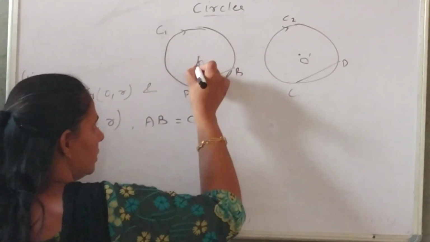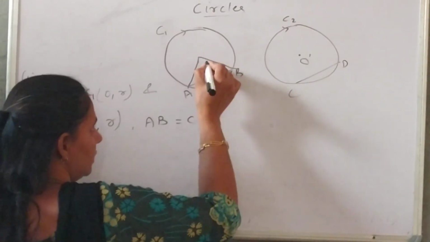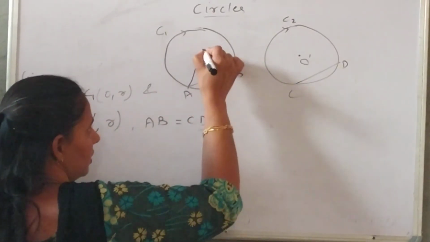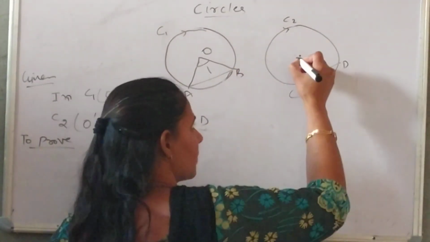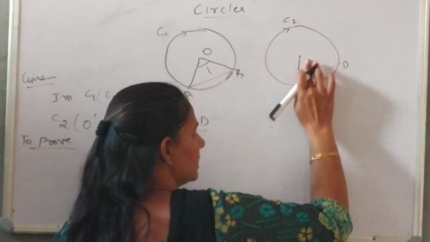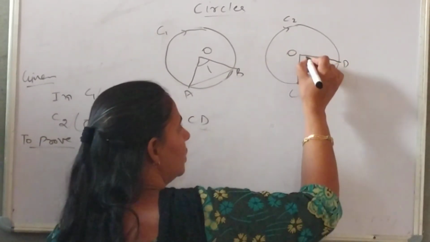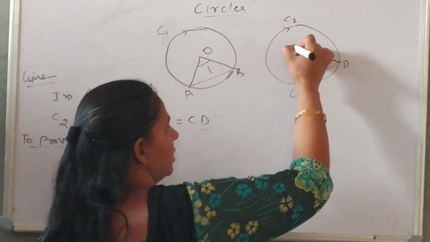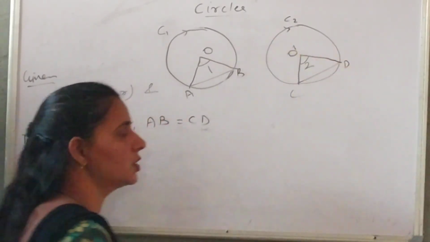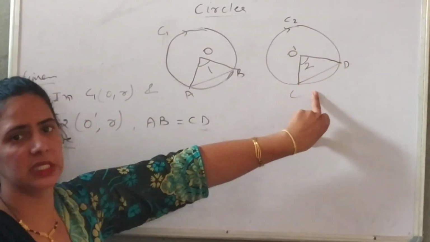if we join OA, OB, then this angle 1 is subtended by chord AB, and if we join O dash C and O dash D, then angle 2 is subtended by chord CD.